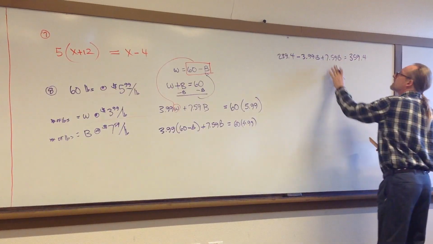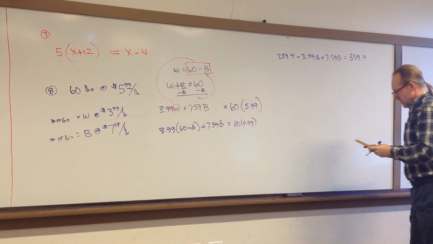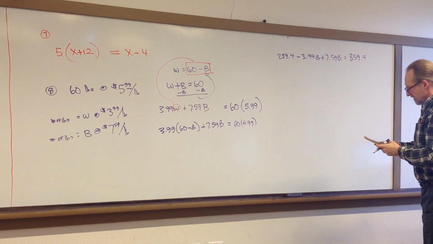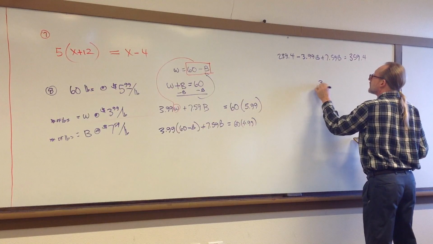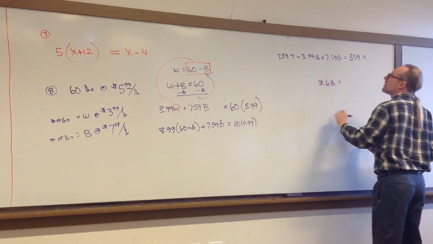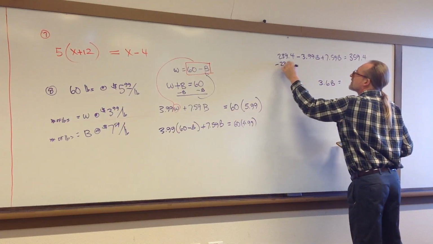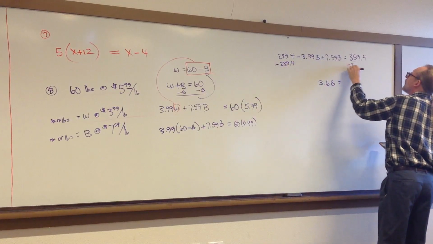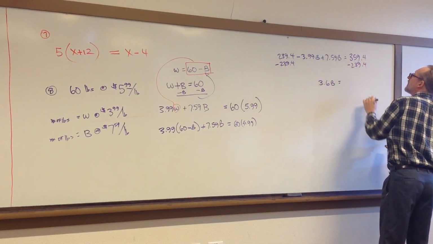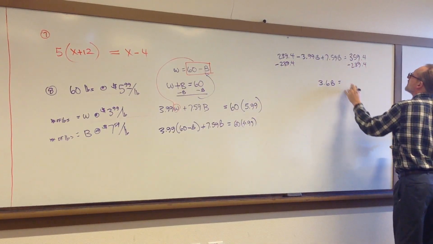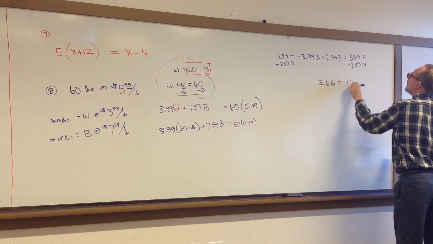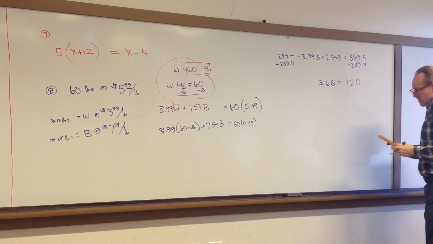Okay, so let's combine these b's together. 7.59b minus 3.99b is going to be 3.6b. And then we'll subtract this 239.4 on both sides. And what is this going to give us? 120. Okay?